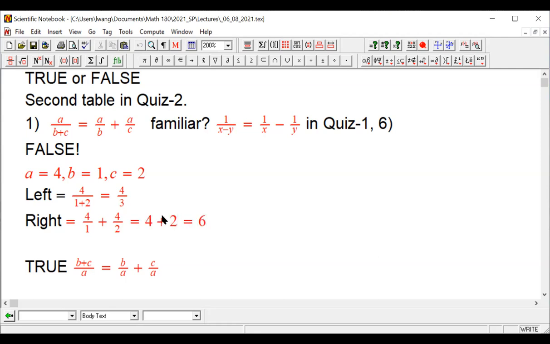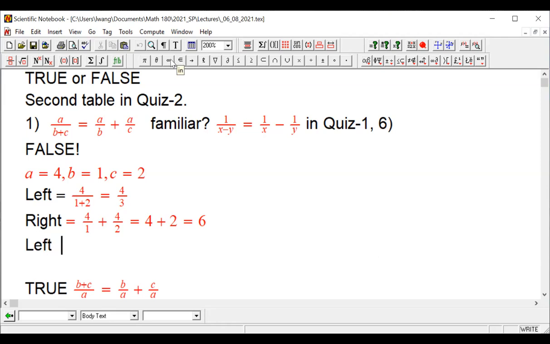That's 6. Obviously, left is not the same as right. So false, once. False.